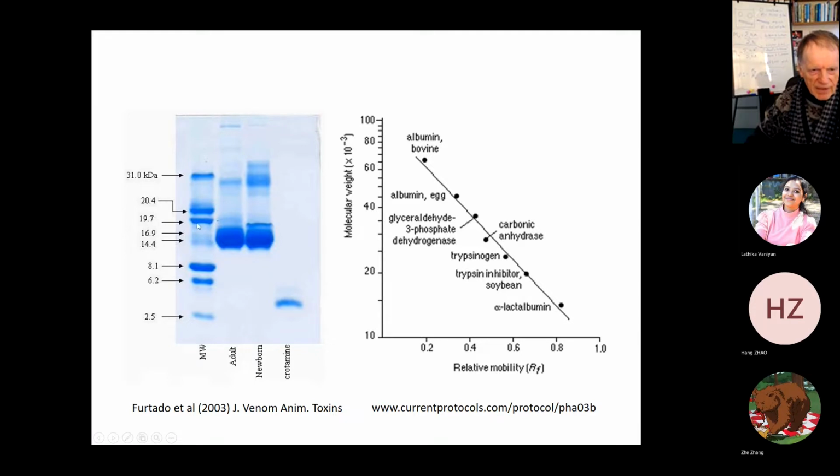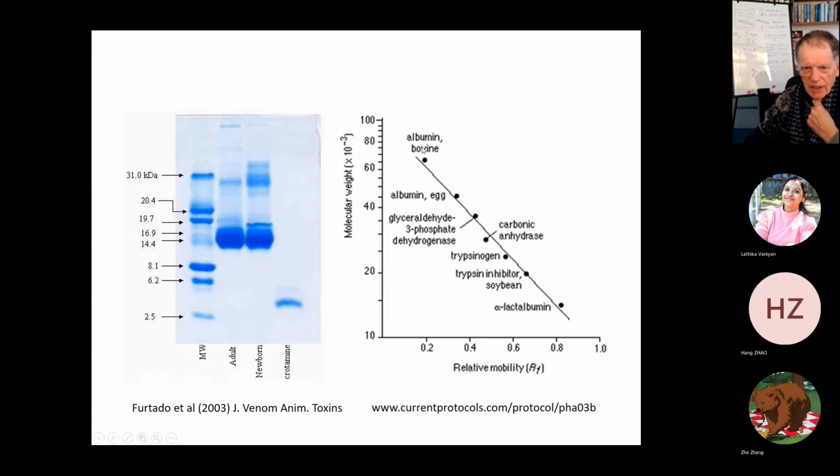From the standards, you can produce the calibration plot of relative mobility, ranging from 0 to 1. That's the mobility of a tracer marker dye. And the smaller the protein, the faster it will move.